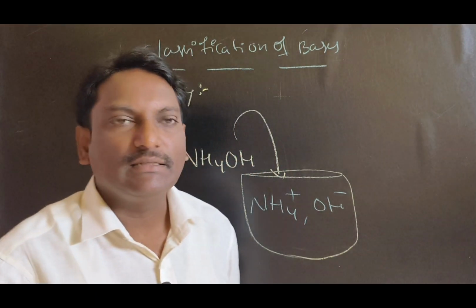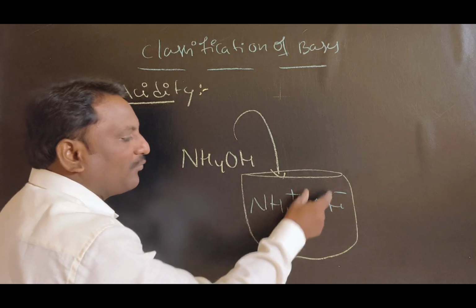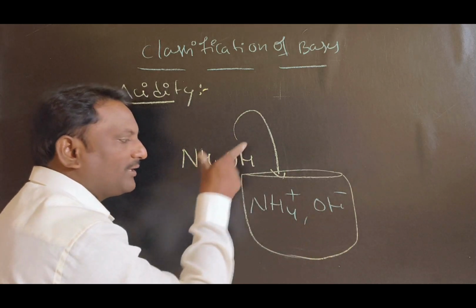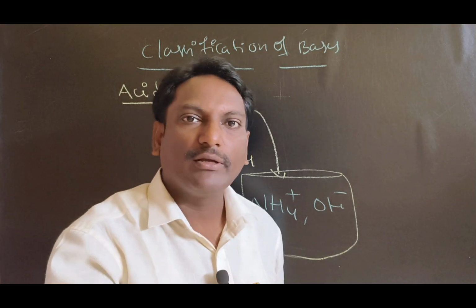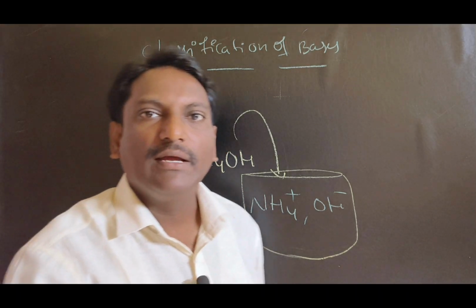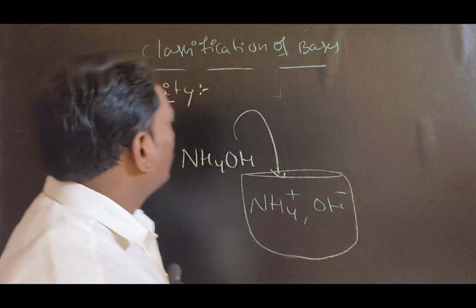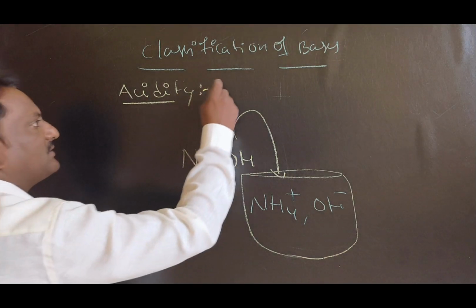What is meant by acidity? The number of OH minus ions given by one molecule of base in water is called its acidity. Please make a note of it.